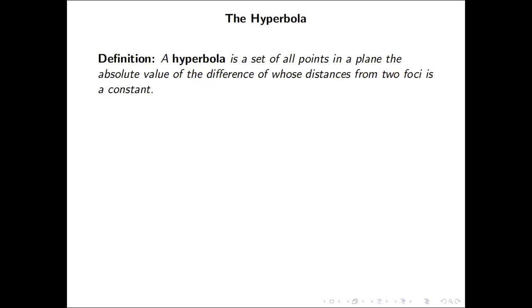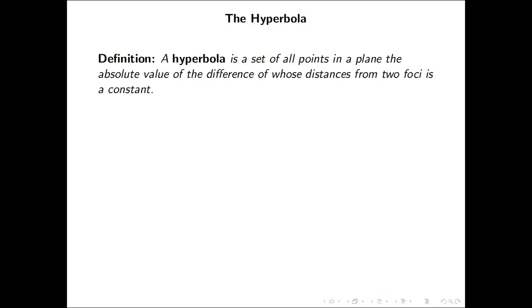the foci, and we define the ellipse to be the set of points in the plane such that any point on the ellipse will have the sum of its distances from the foci constant.